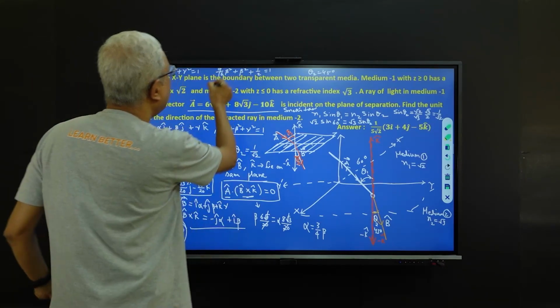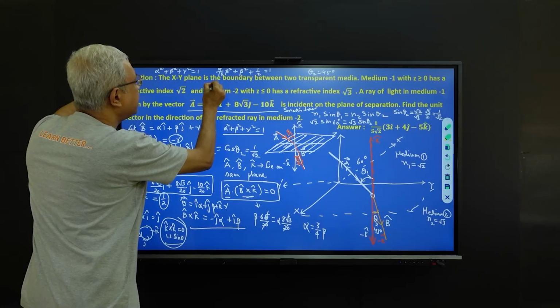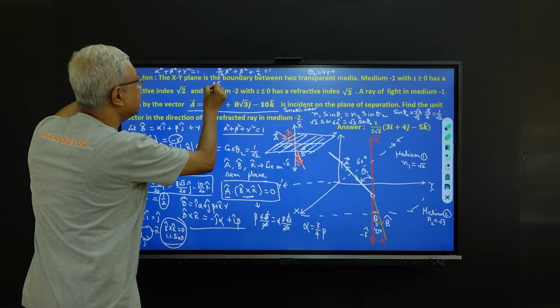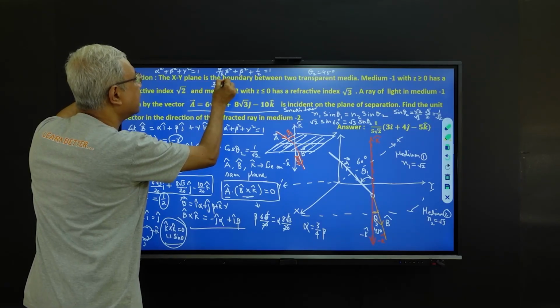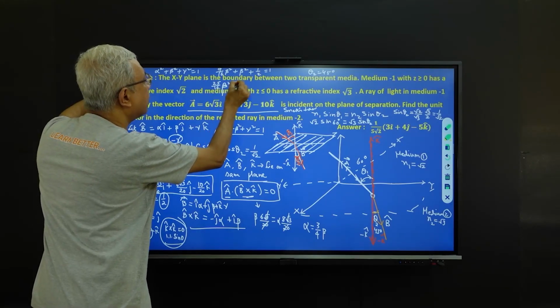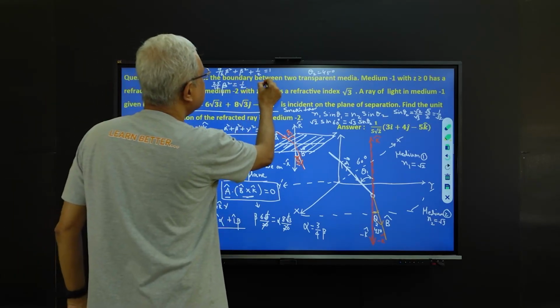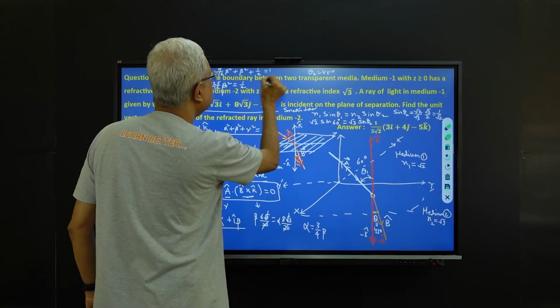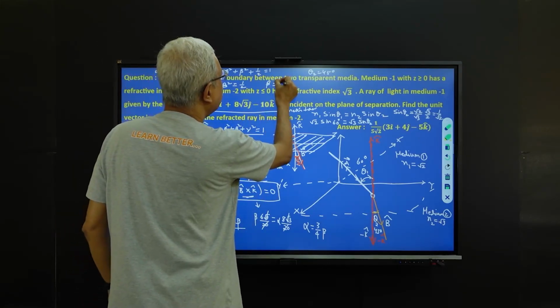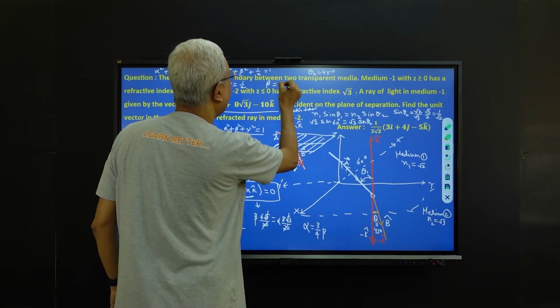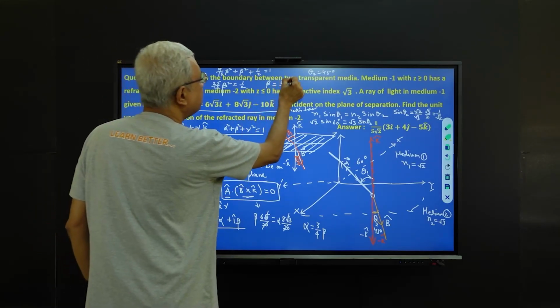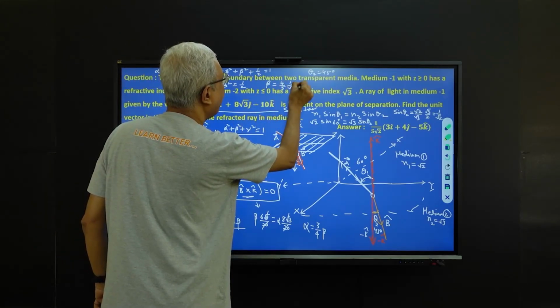So what we can write? 25 by 16 beta square is equal to half. So beta is how much? Beta is 4 by 5 into 1 by root 2.